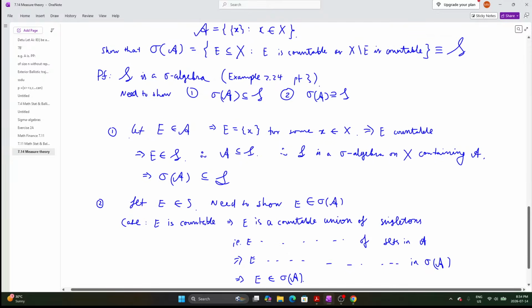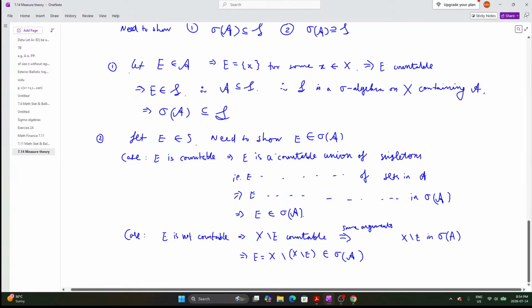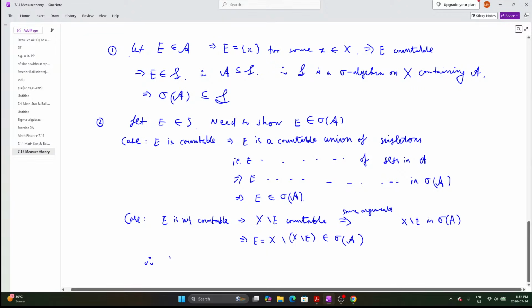So we're done. We have the opposite direction. Therefore, sigma of A contains S. So we're done.